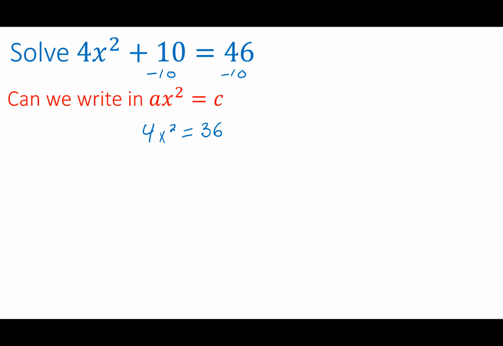How do I solve 4x squared equals 36? Can I solve that for x? Just like any solving, we want to isolate the x by itself. So I want to get rid of this 4 from the left, so I divide by 4, divide by 4. So x squared then will equal 9.